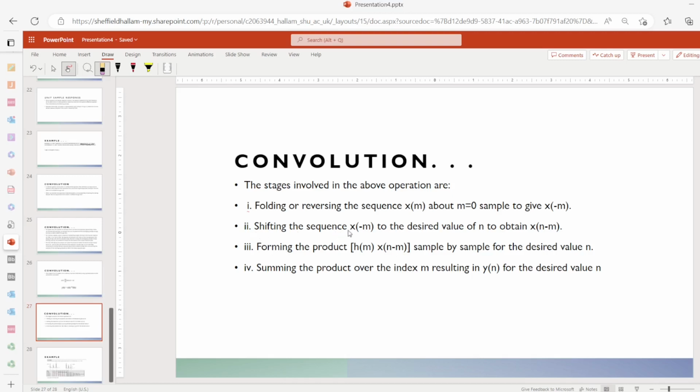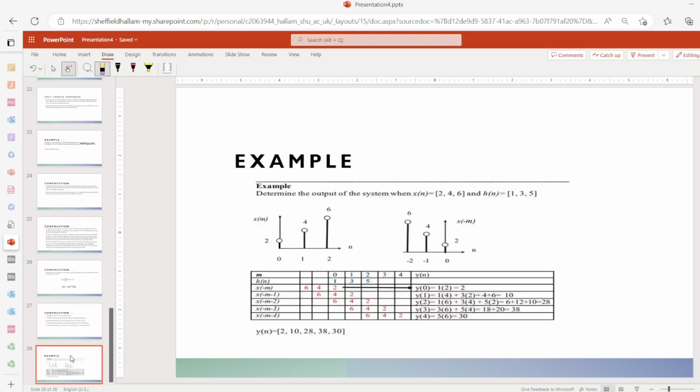Then shift the sequence x of minus m to the desired value of n to obtain x of n minus m. Then form the product hm times x of n minus m sample by sample for the desired value of n, and sum the products over the index m, resulting in yn for the desired value of n. You can go through these notes, but I will show you an example, which will be easy to follow.